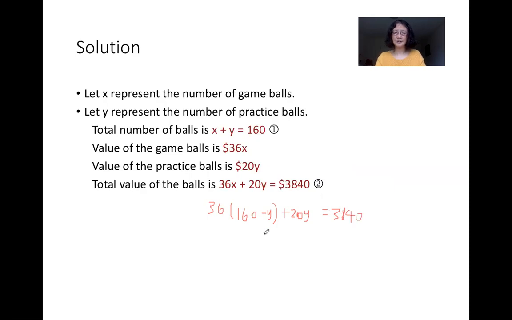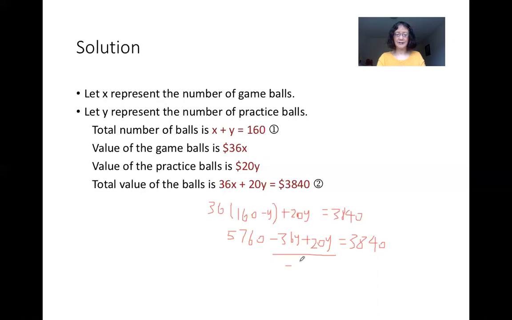Okay, so this times this is 5,760. And then minus 36y plus 20y equal to 3,840. Okay, and now collect these like terms.